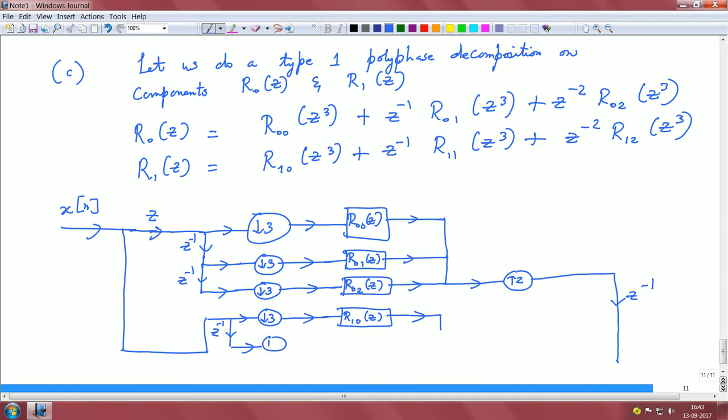Followed by downsampling by 3 with R11 of z, and then one more delay element here, downsample by 3, filter this through R12 of z.